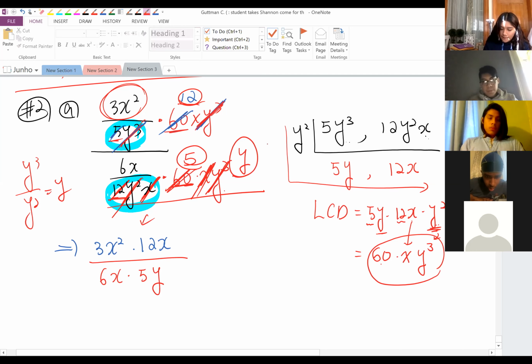Okay. Now, of course, we can multiply out, but between numerator and denominator, can we simplify? Which means, can you see any common factor? I think we can simplify x and x, and 6 and 12, which is 2.